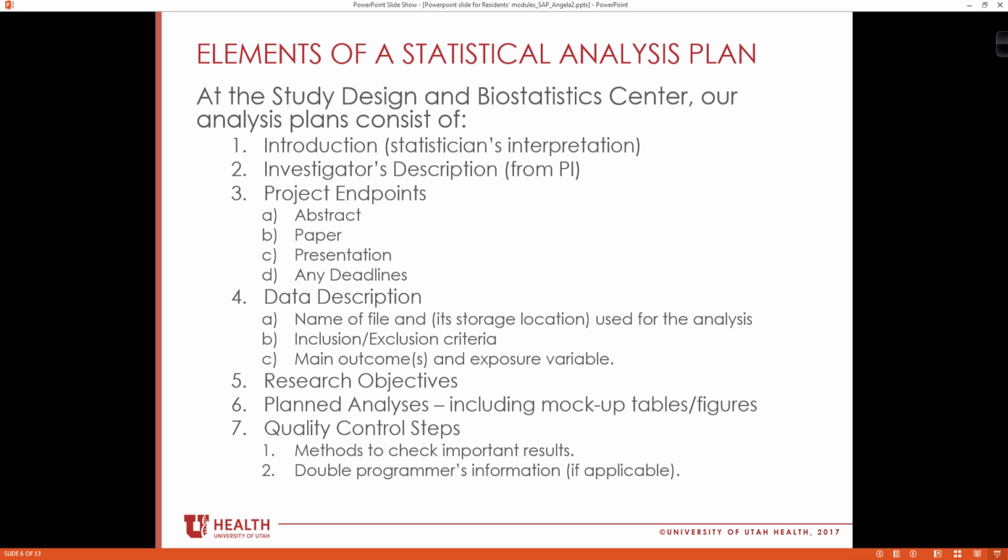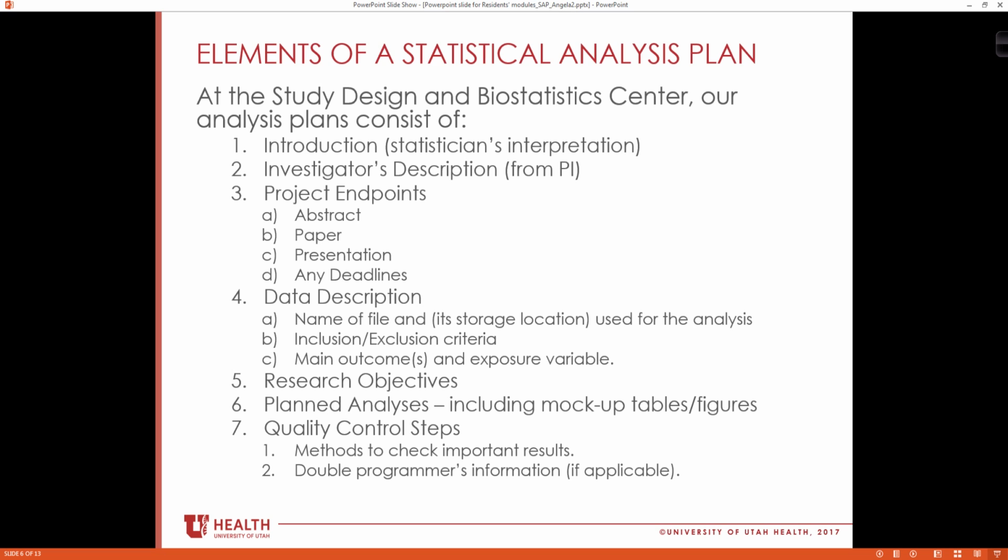There is no standard template for the statistical analysis plan. However, at our center, we typically write plans that consist of the following components. There's an introduction, which gives kind of an overview of the project from the statistician's perspective. I find this to be helpful just to make sure that I have recapitulated accurately what the investigator voiced as their research goals.